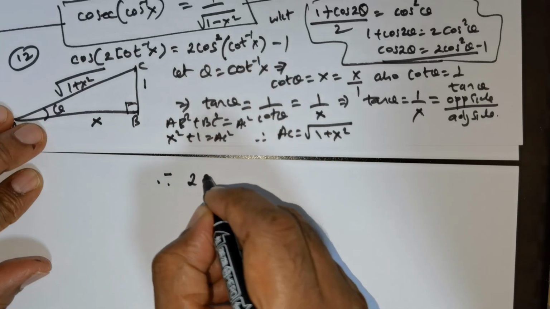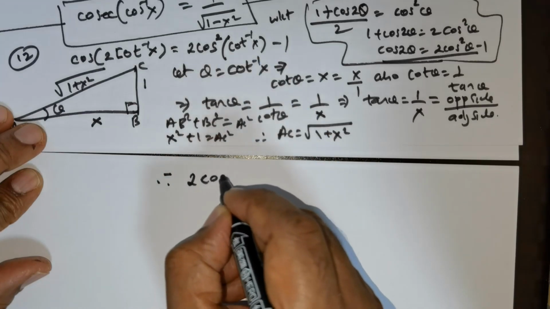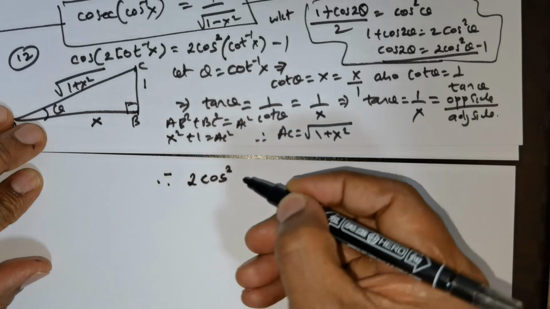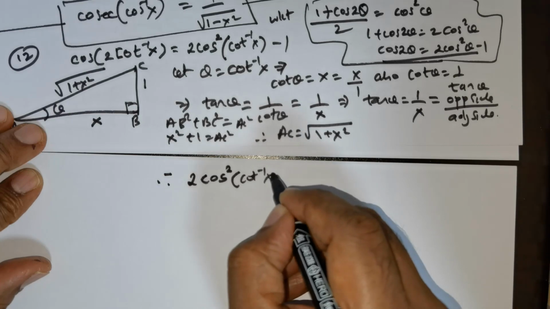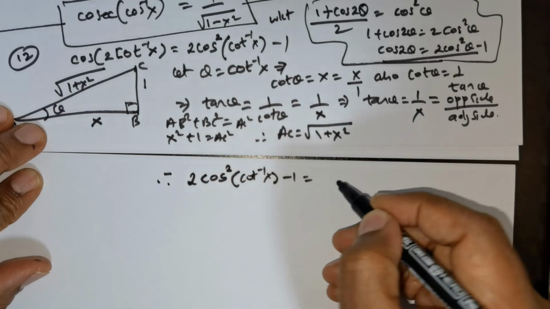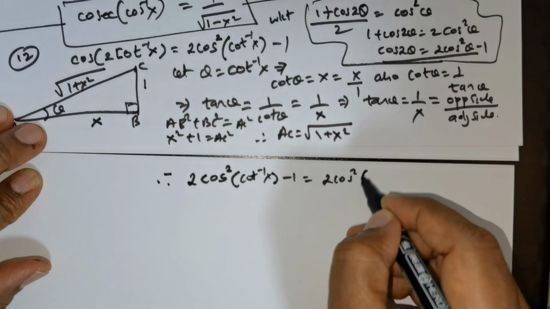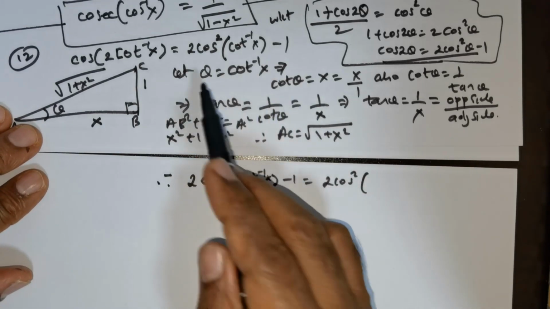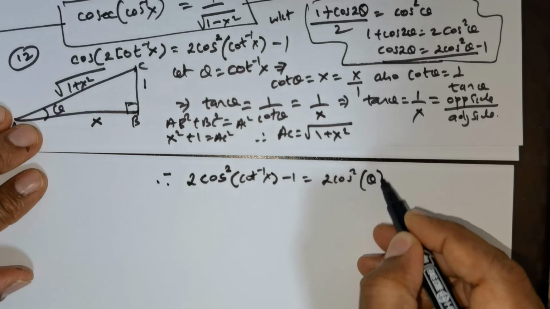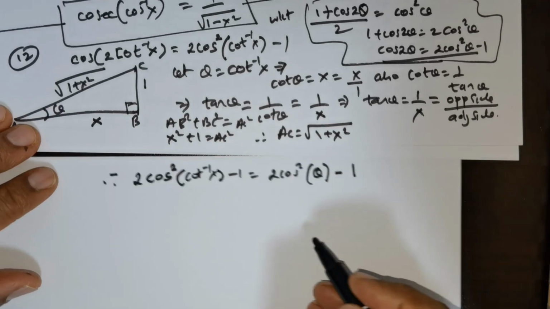So therefore 2 times cos squared of cot inverse of x minus 1 is equal to 2 times cos squared of cot inverse of x, which is taken to be theta. So you have theta there followed by minus 1.